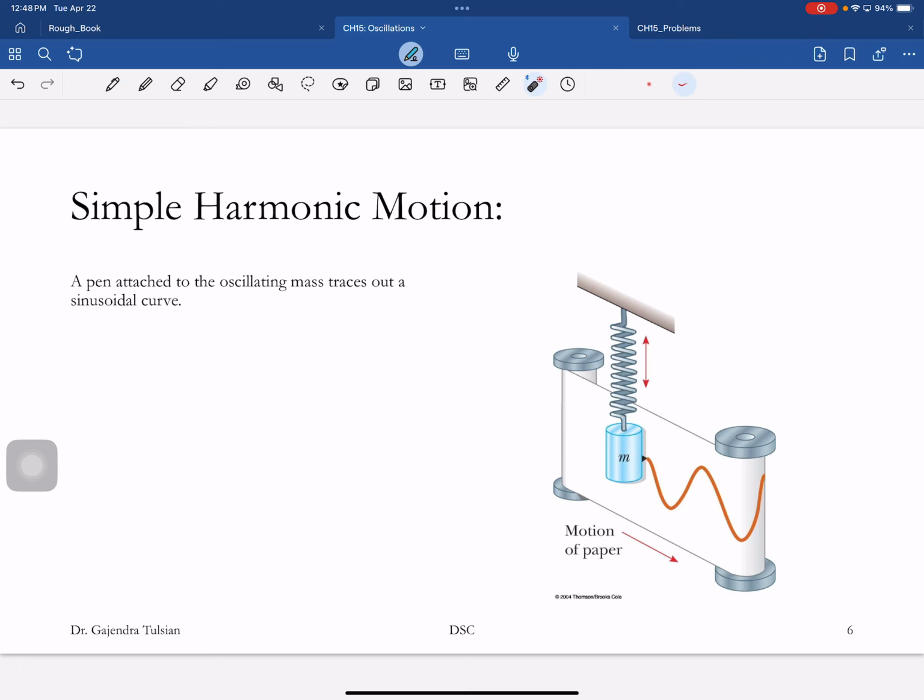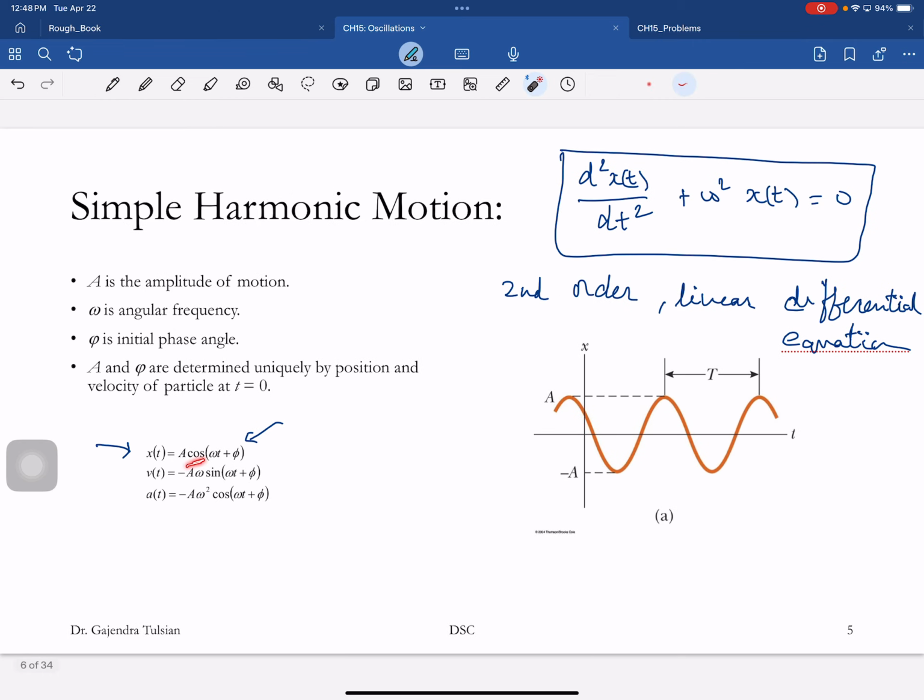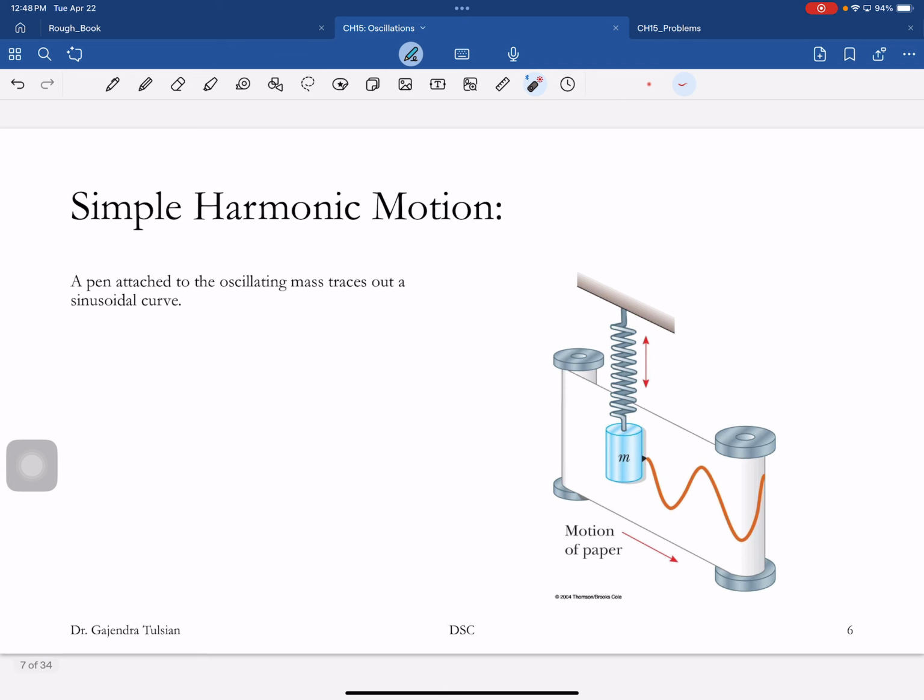So what is this? This is a sine or a cosine function. So the solutions are sine and cosine functions. Okay. So let's see if the real world actually behaves that way. You can take a mass, attach it to a spring, stick a pen on it.